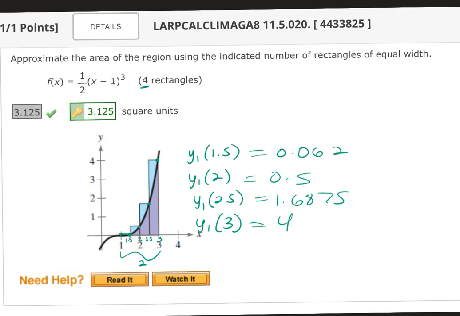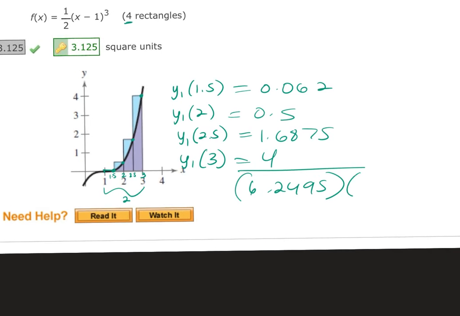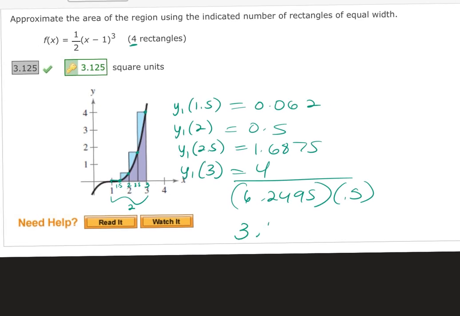And then add those together. And then multiply by your width, which was 1/2. 3.12475, which got rounded to 3.125.